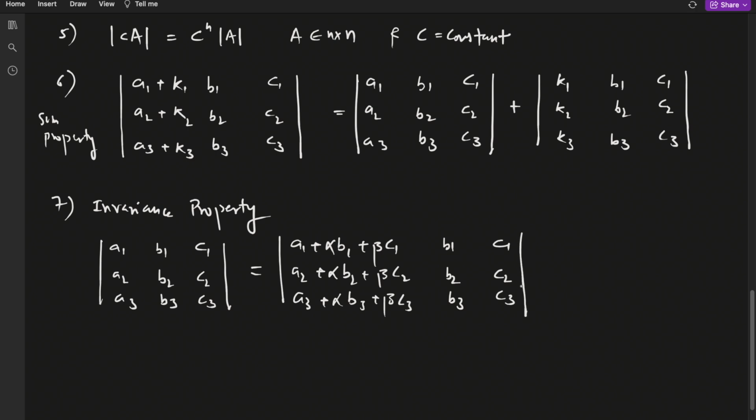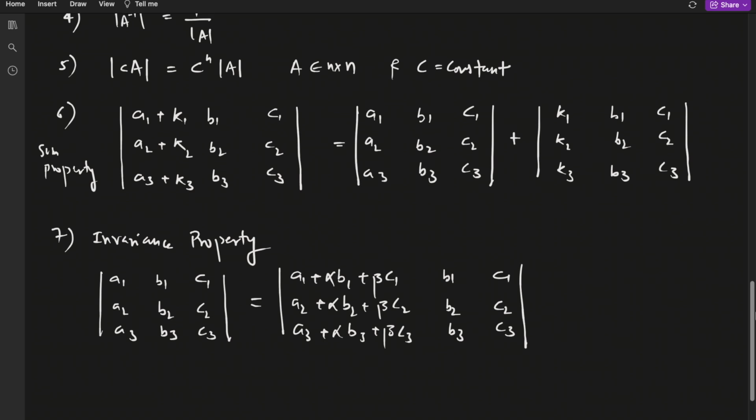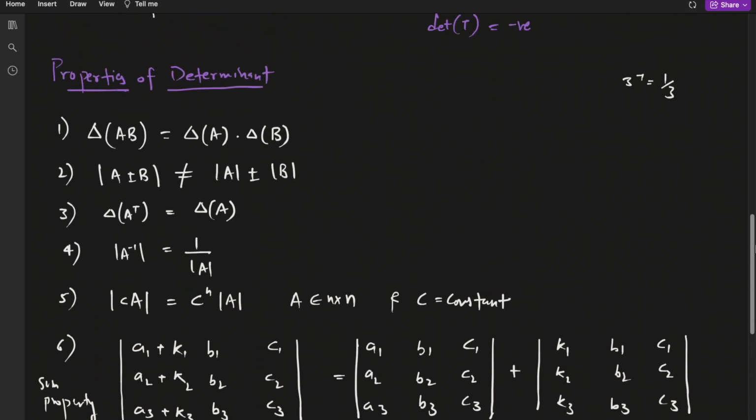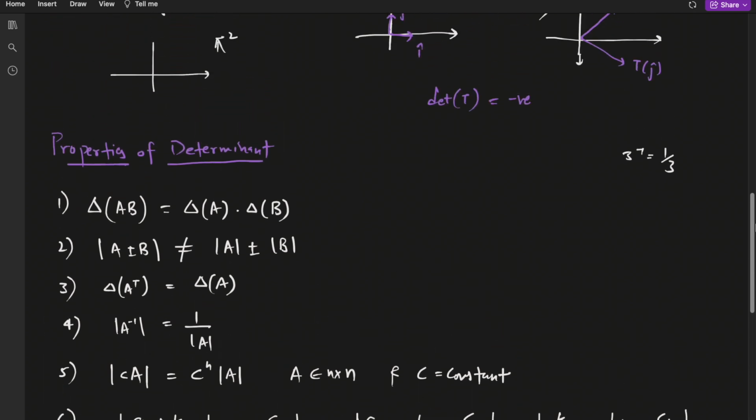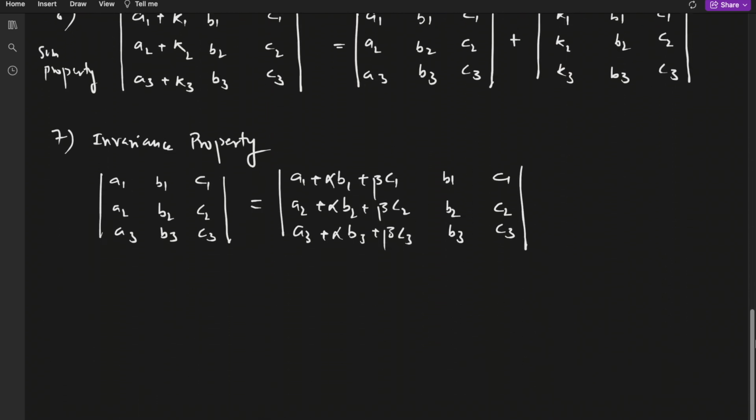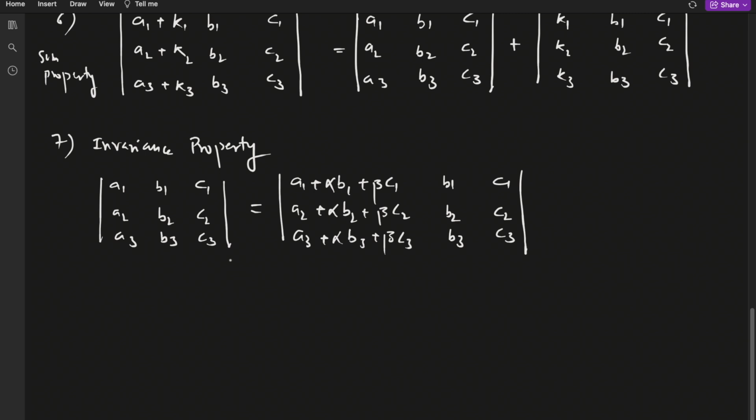You can prove these properties, but it is out of scope, even from an exam point of view, and it will just stretch the video. So I'm just writing down the property, but if you want me to explain these properties, let me know in the comments. I will explain, but it's not needed as such.